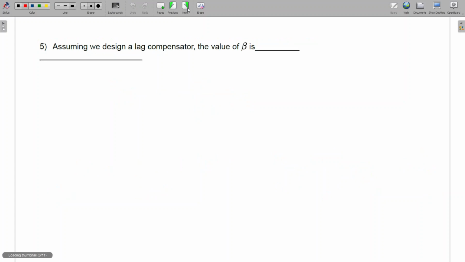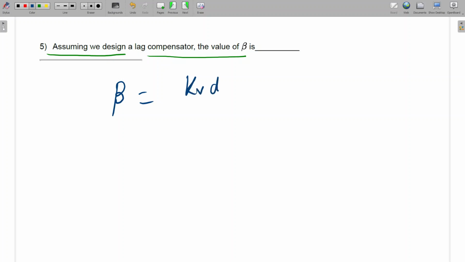Yes, sir. Okay. So this one: what is the value of beta? We are designing a lag compensator. So how can we calculate beta? One formula is there; you can refer to the NPTEL video for how it is derived. So beta is equal to, by the direct short formula, Kv desired divided by Kv uncompensated.